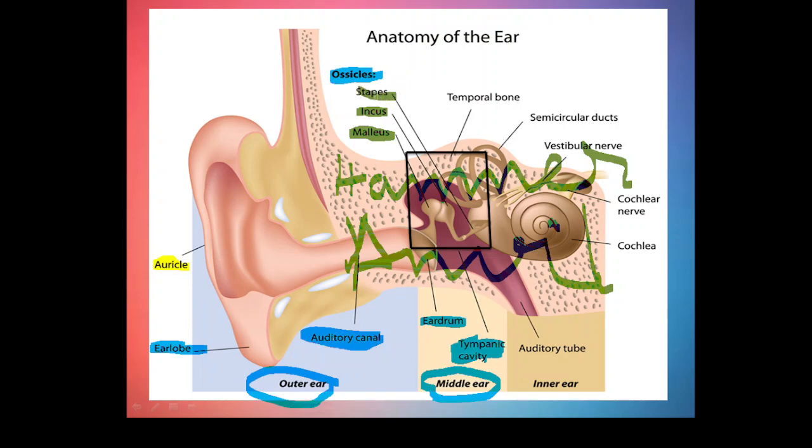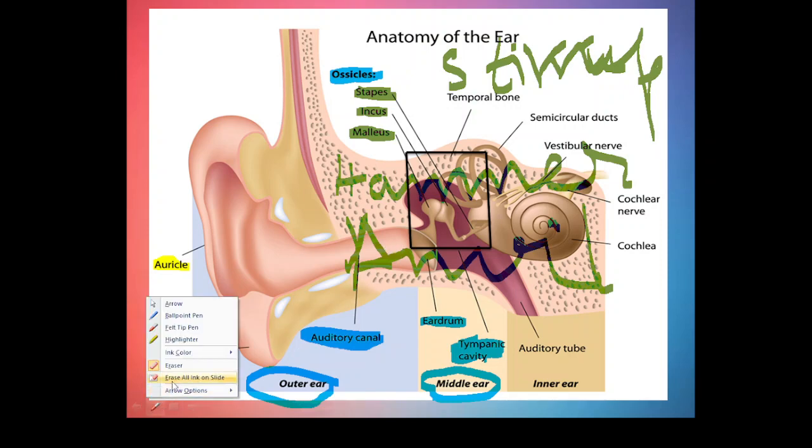And then the stapes. It's stirrup shaped. I know that here the spellings seem to be wrong. Yeah, it's STIRRUP. Okay, fine.